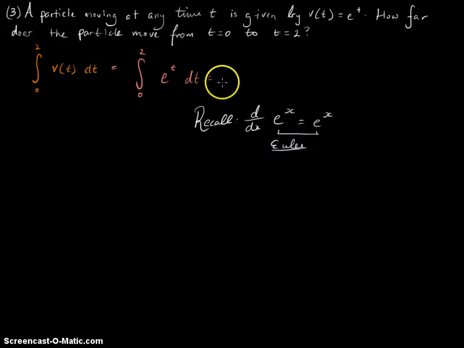So the antiderivative of this would just be the same thing, e to the t, and we're evaluating this from 0 to 2. We do this one and subtract this one, so we do e squared minus e to the 0th. We're just replacing t with 2 and t with 0. Anything to the 0th power is 1, so this would simply be equal to e squared minus 1, which is the total distance that it moves.